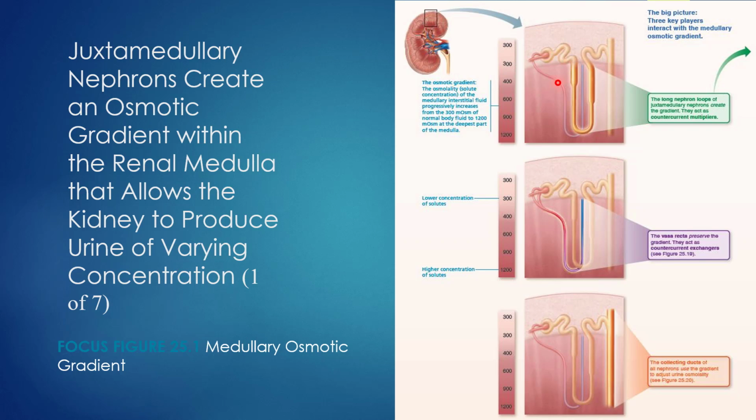So water moves out here, it keeps on moving out here. And so what's going on inside is that the filtrate is getting very salty because it's losing a lot of water. So from 300, it loses water, and then right here at the loop area, it becomes 1,200 milliosmol.